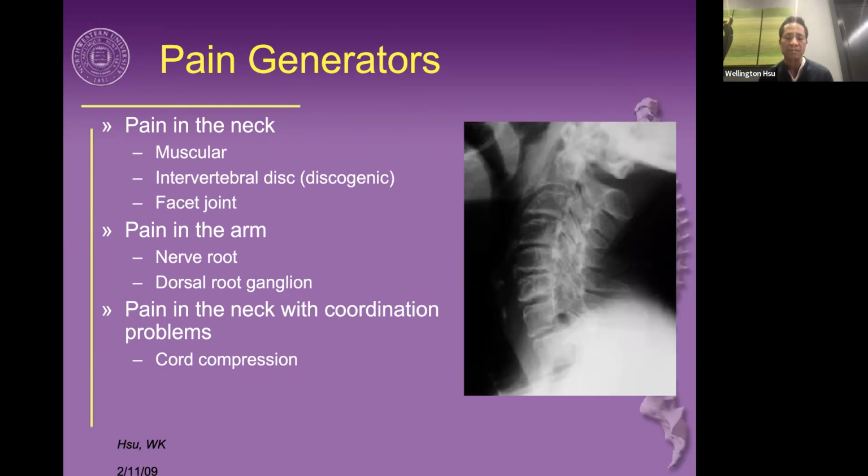The coordination problems patient needs to be teased out by a spine surgeon or a spine physician, typically, because these are questions that a lot of practitioners do not ask, and they're not that noticeable in symptoms. But if they exist, it really changes the course of the type of care that we would offer somebody.